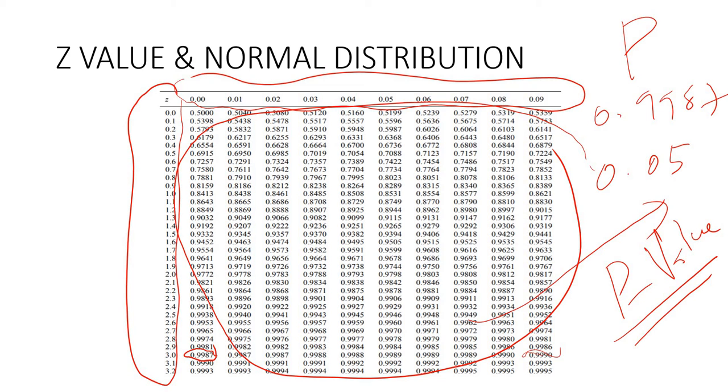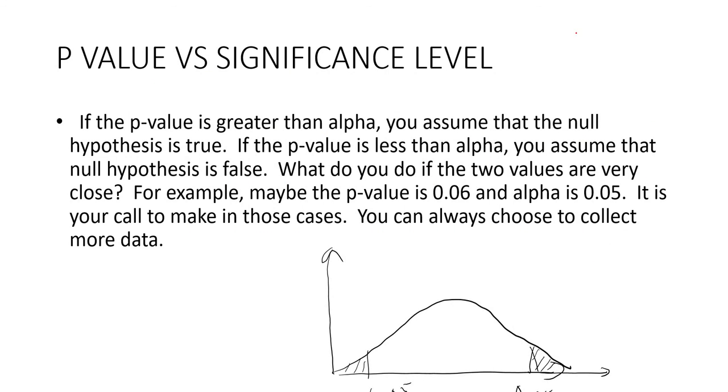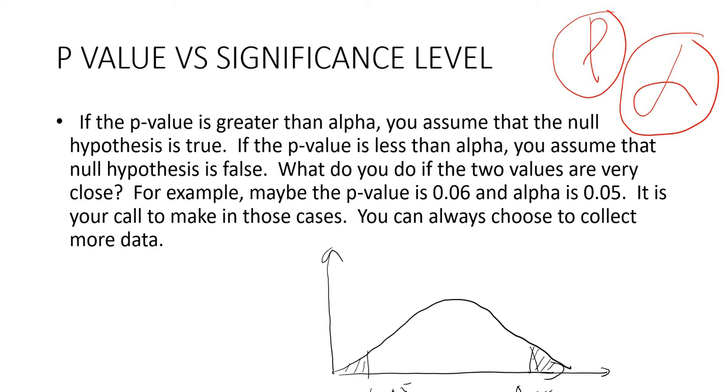Based on these two data only, we check whether we need to go for the null hypothesis or the alternate hypothesis. This is very important. Based on the p value, that is the probability value, and alpha, the significance level, we decide whether we should go for the null hypothesis or the alternate hypothesis.